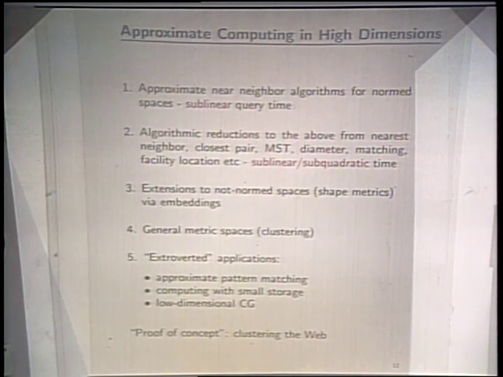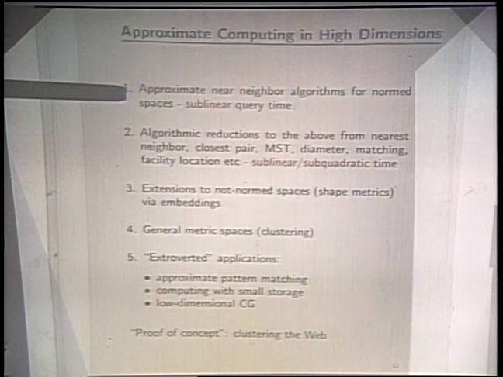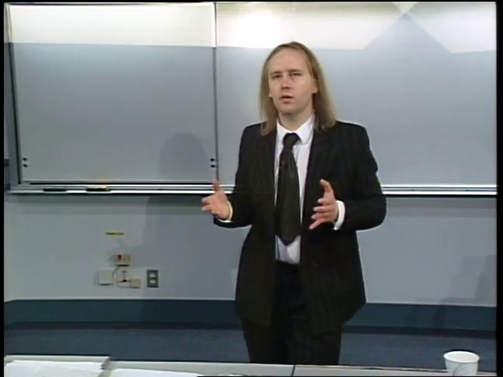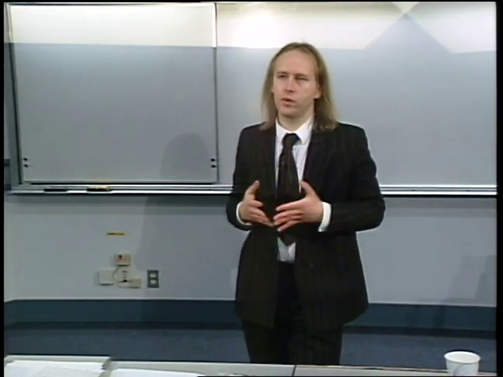On the first layer, we are interested in algorithms for one specific problem, which is the near neighbor problem. The near neighbor problem is like the nearest neighbor problem, except that we want to output all points which are within a certain radius from the query point. Here our goal is to obtain algorithms which have sublinear query time for arbitrarily large dimensions.